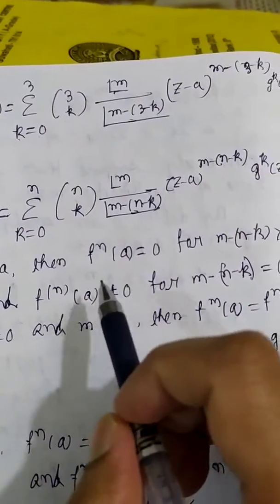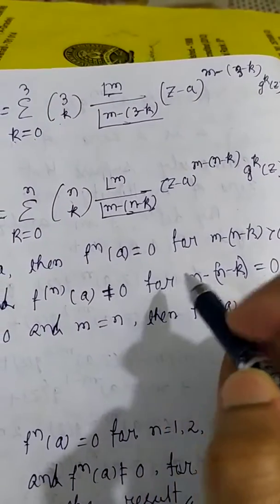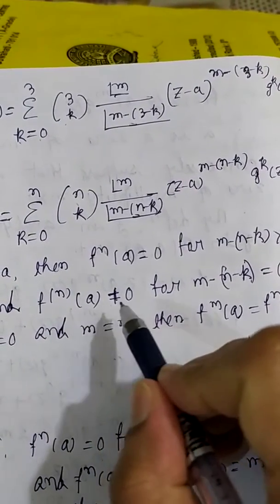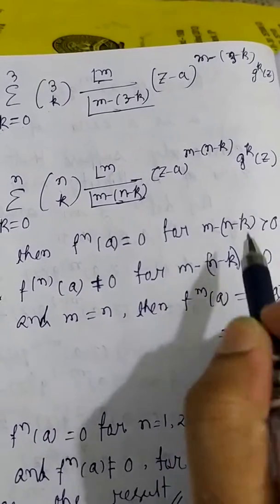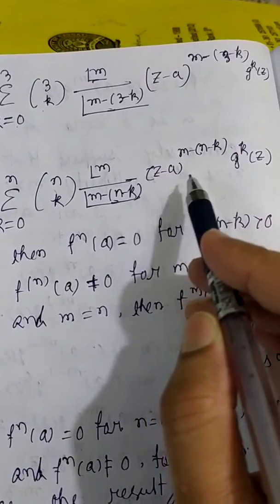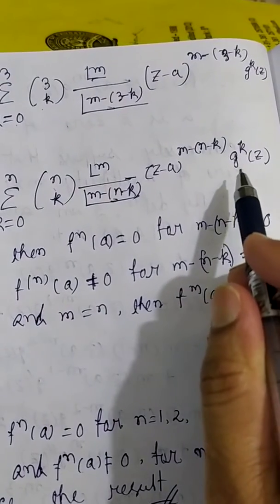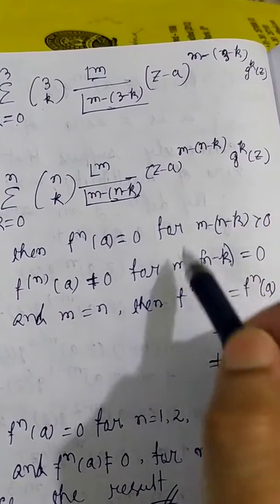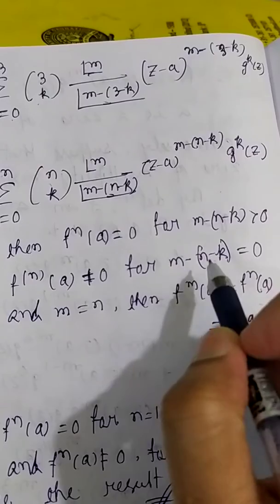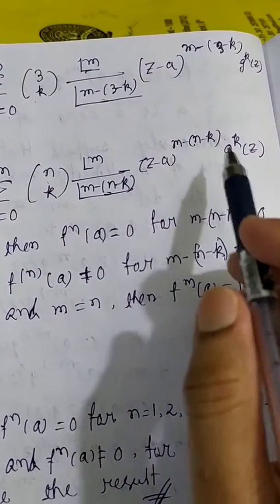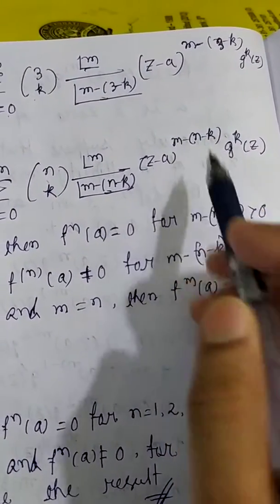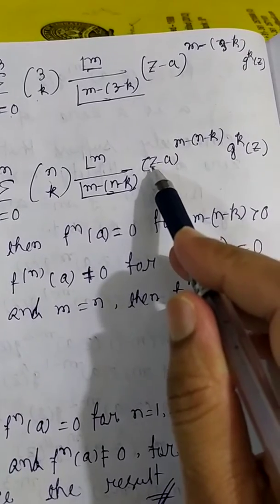And for the other case, this is not equal to 0. If this part is equal to 0, that is, we have only this part, then there is no term z minus a.